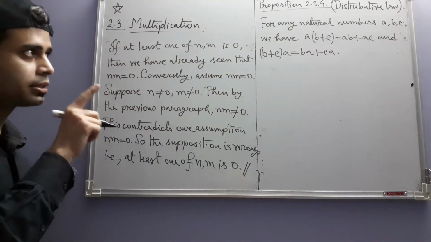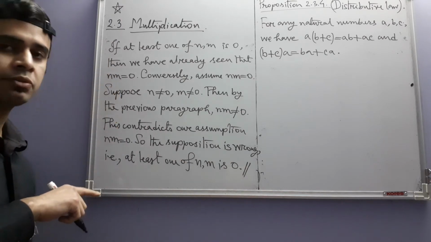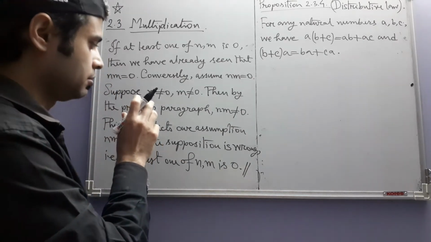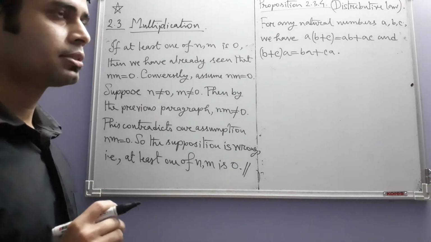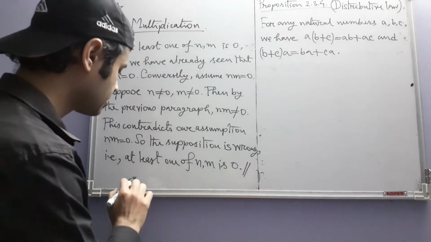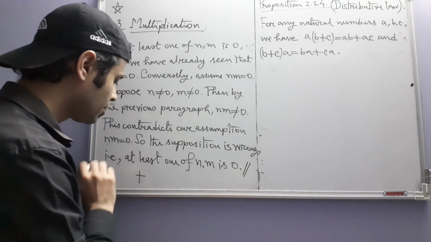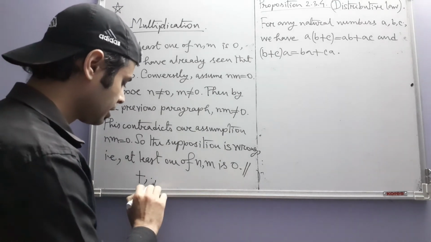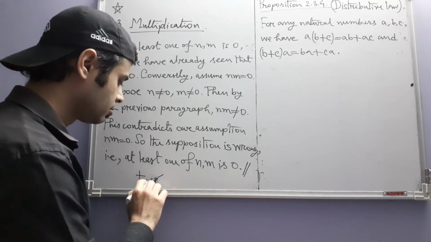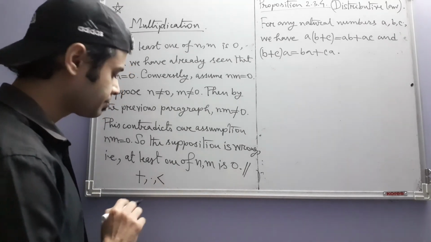Now this particular law, see, so far the results we have seen have been of a singular nature, in the sense that some of the laws involved addition, some involved multiplication, and some involved order.